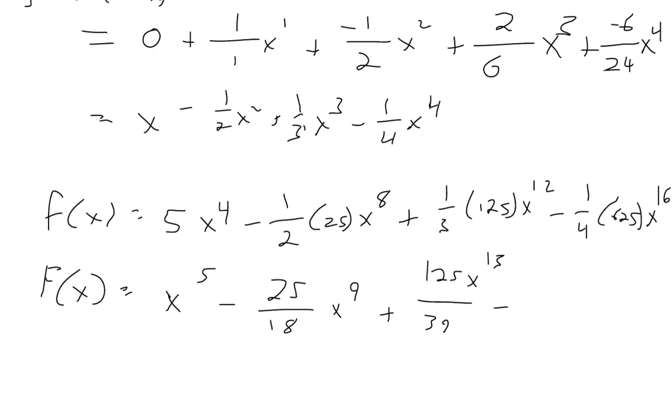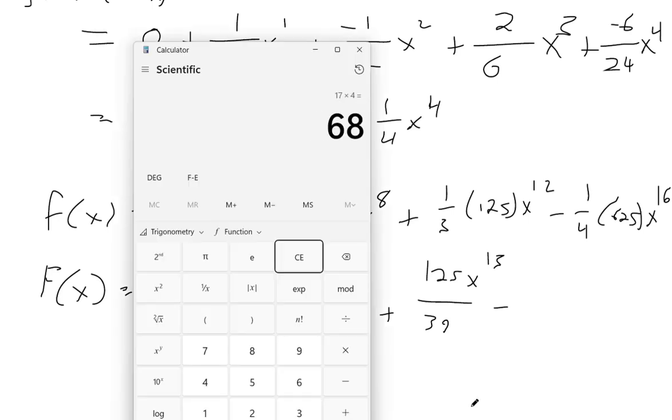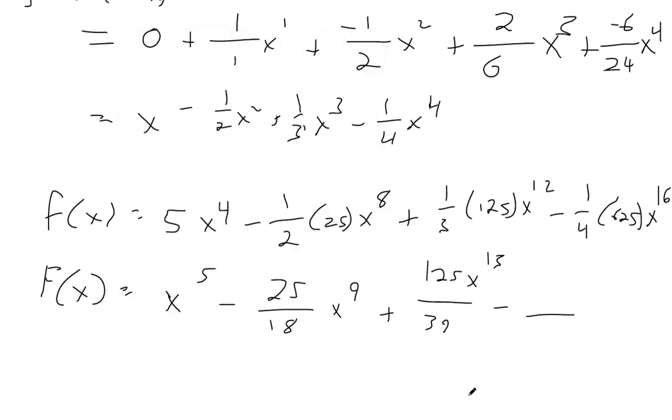Then a 17 comes out, so 17 times 4 is 68 in the denominator: 625 x to the 17th over 68. Simplify the fractions if you can. I don't know off the top of my head if those can simplify, but that's the first 4 terms.